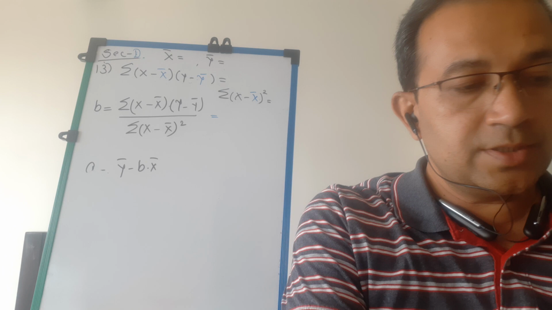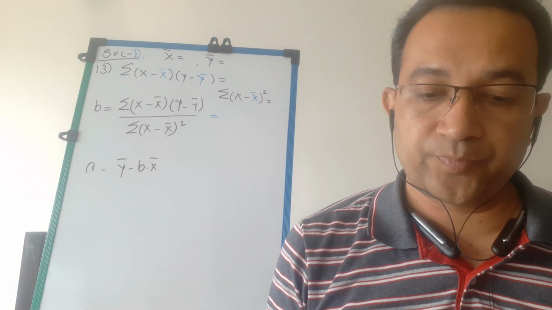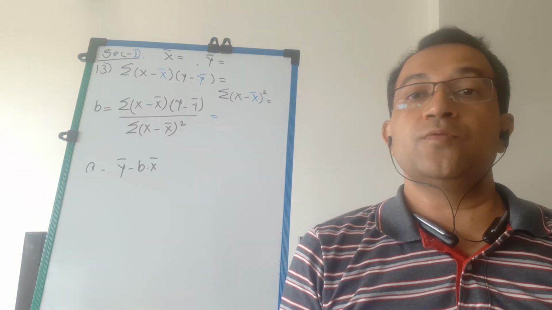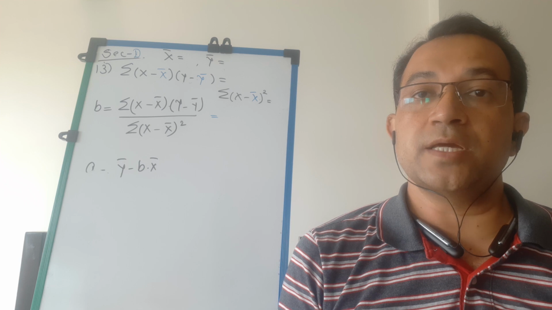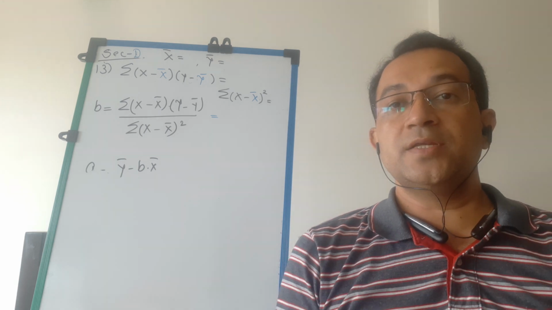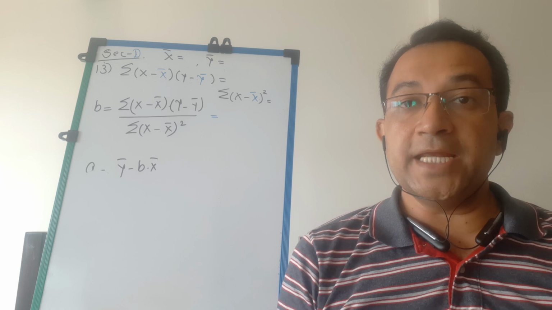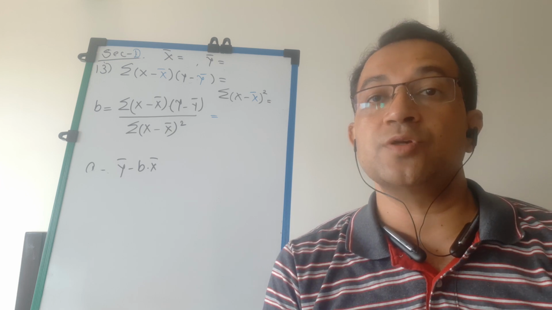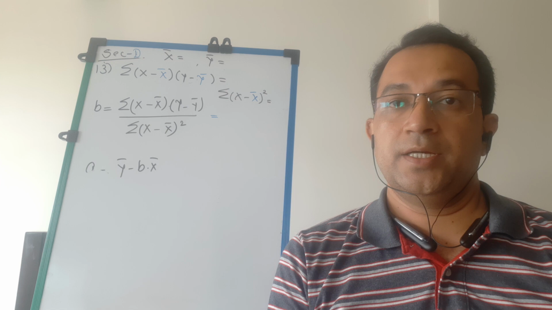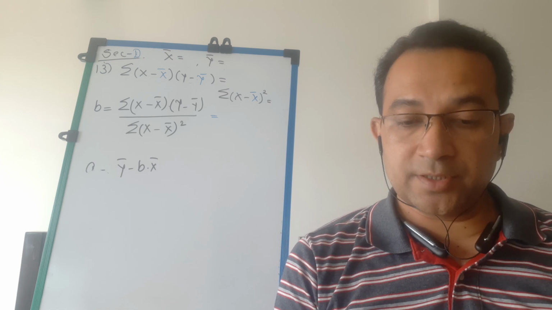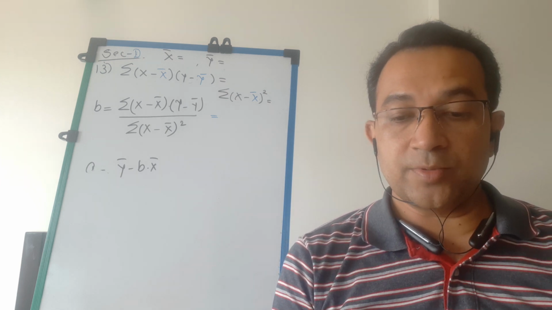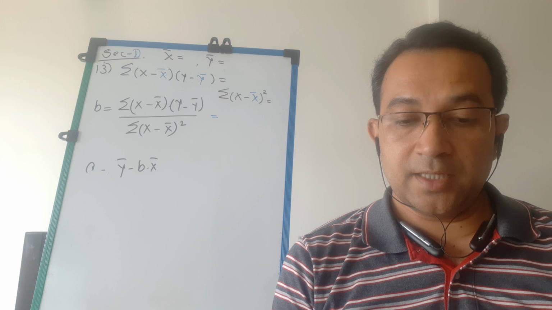Now, check what is given. The data is written in a word problem, students, and this type of questions are significantly very important. The data is written in terms of word problem and try to understand and interpret. The following results are obtained for a bivariate data.